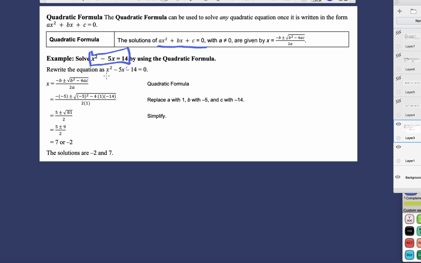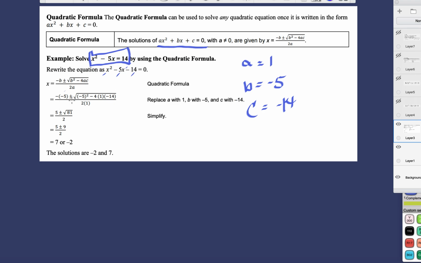And now we have an a, a b, and a c. So a is 1, b is negative 5, and c is negative 14.